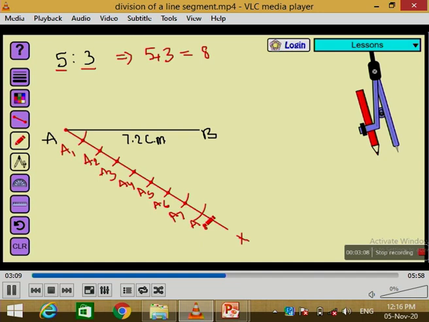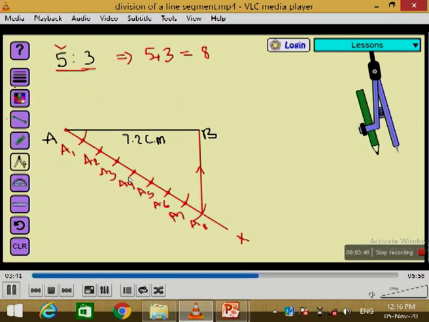And the last point is to be joined with the end point B of segment AB. Draw a line from B to A8, and now you have to draw a parallel line from point five. 5:3 is the given required ratio. Take the fifth point, and draw a parallel line from point A5 to A8B.